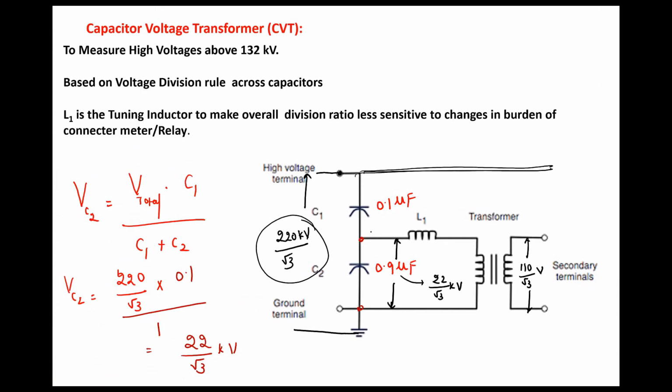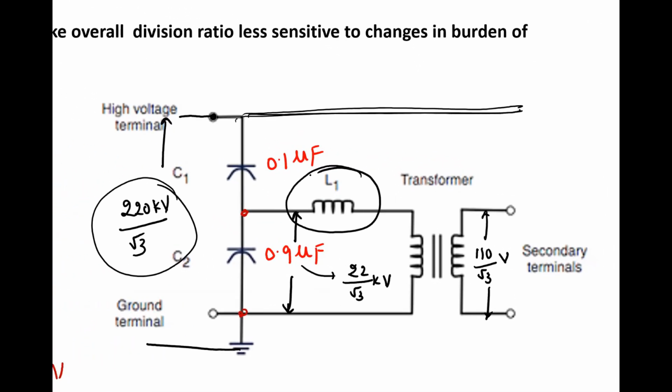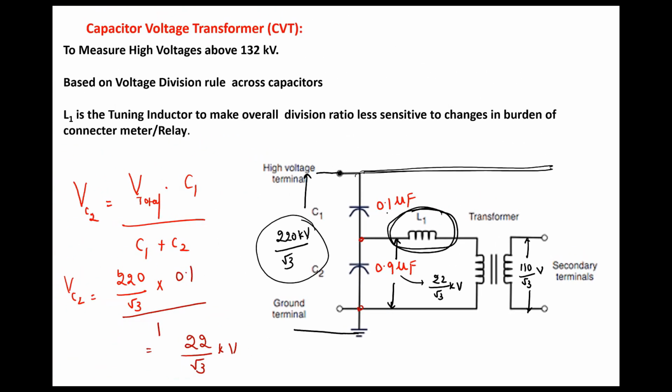Okay, here there is L1. L1 is called the tuning inductance. The role of this tuning inductance is to make this voltage division ratio less sensitive to the burden of the connected voltmeter or relay.